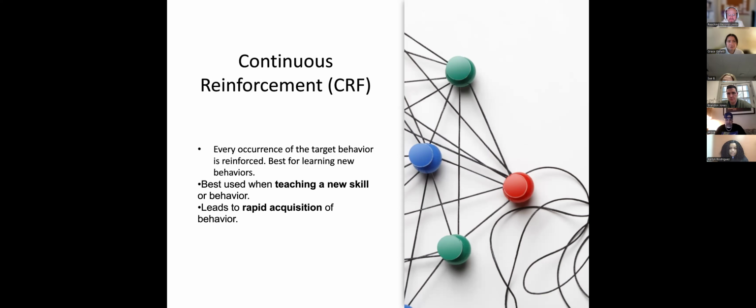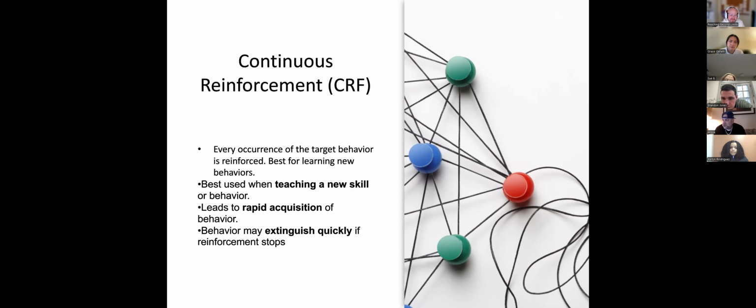It's best used when teaching a new skill or behavior because it leads to rapid acquisition of the behavior. We call this continuous reinforcement, but it's also considered an FR1 schedule, where it's fixed ratio one. For every instance of this behavior, we're going to be providing reinforcement of some type. Okay, so that's continuous reinforcement or FR1 schedule.